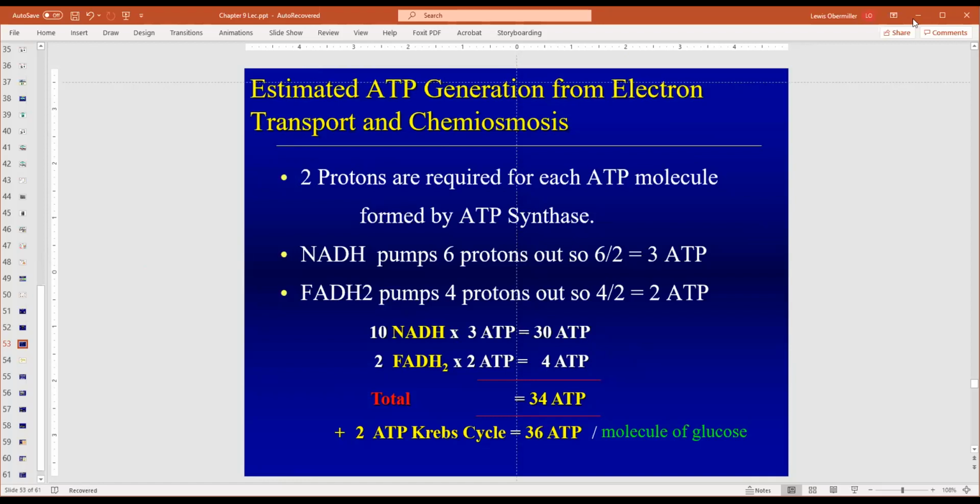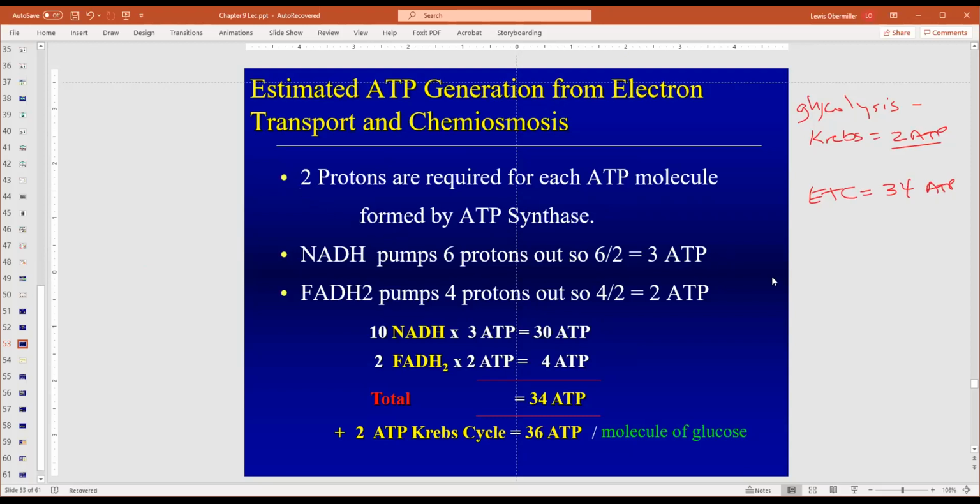And we know that through glycolysis and all that other stuff. So glycolysis, and then moving it across the membrane into the mitochondria, and then the Krebs cycle, and all that, we get 2 ATP. That's not enough to live, because that's what we make when we hold our breath. And from the electron transport chain, we get 34 ATP. And I'm just going to break down how this works.